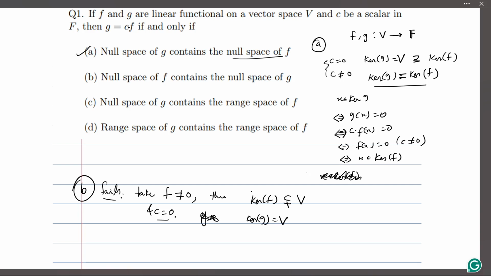The null space of f cannot contain V because it is a proper subset of V itself, and kernel g is the whole V. So a subset cannot contain its proper superset. So this fails.